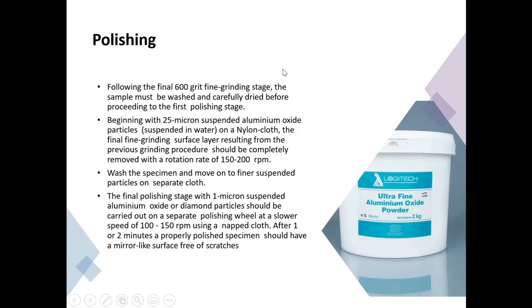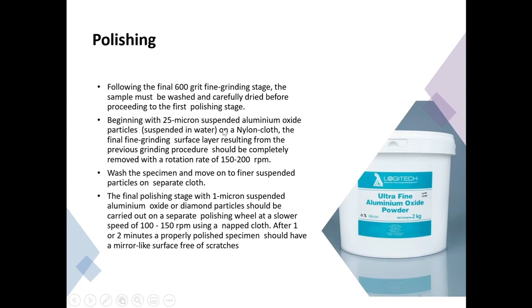Following the final 600 grit fine grinding stage, the sample must be washed and carefully dried before proceeding to the first polishing stage. So initially you have to wash and dry the specimen carefully before going for the first polishing stage.